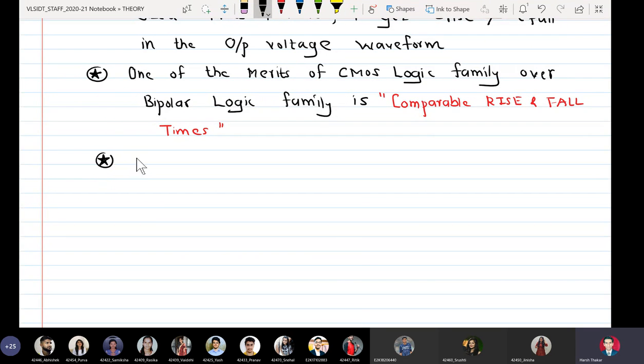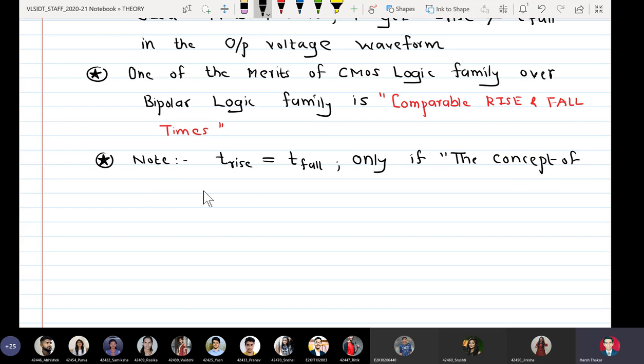So we should note that T rise is equal to T fall only if the concept of device sizing is applied.